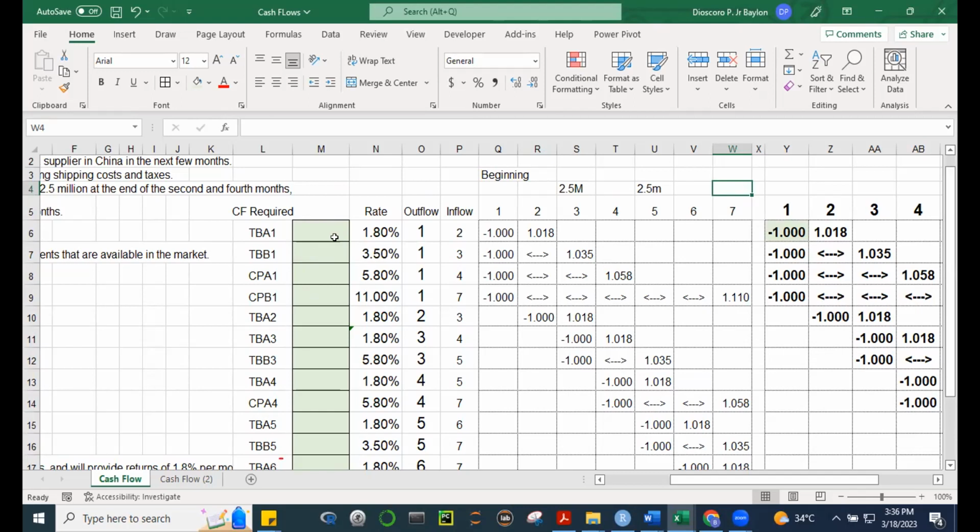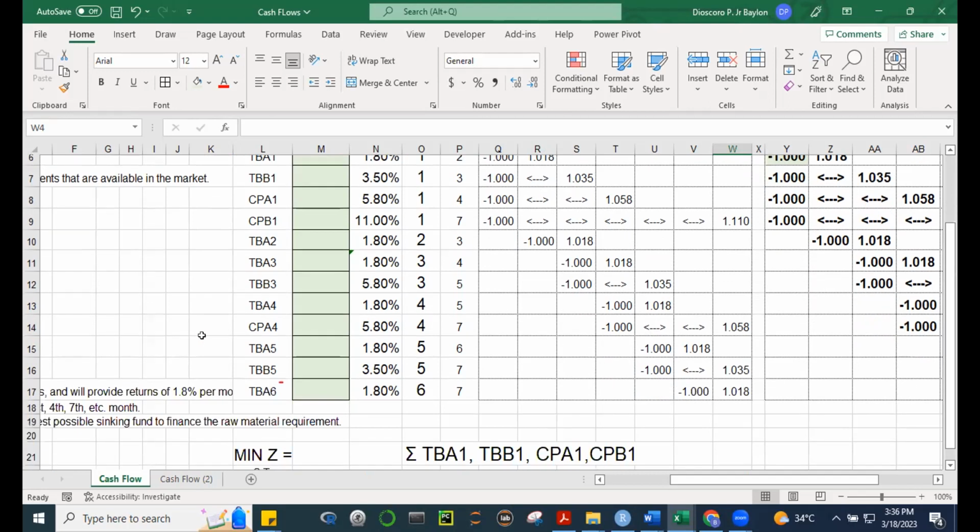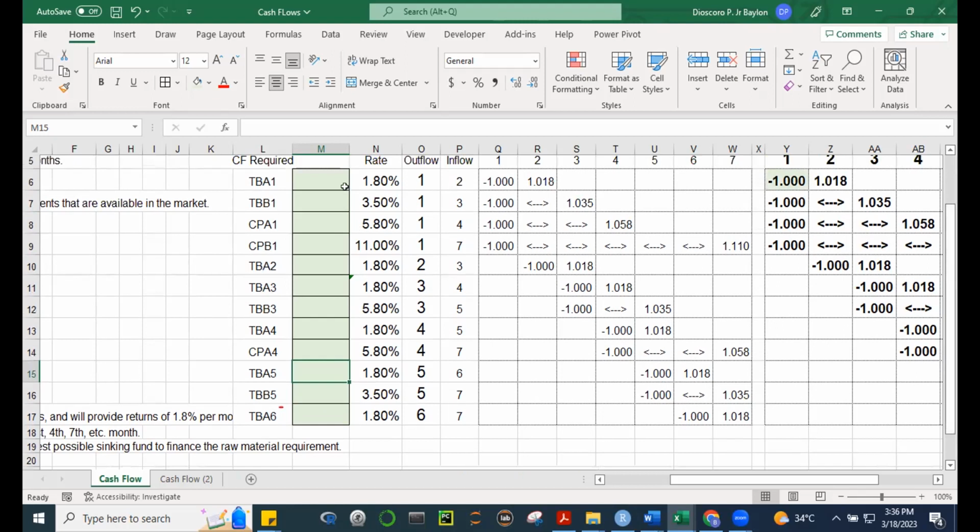TBA1 is the amount to be invested in TBA at month 1. TBB5 is the amount to be invested. TBA5 is the amount to be invested in TBA instrument at month 5, etc. So we have this, how many decision variables? 1, 2, 3, 4, 5, 6, 7, 8, 9, 10, 11, 12. Okay, we have 12 decision variables.